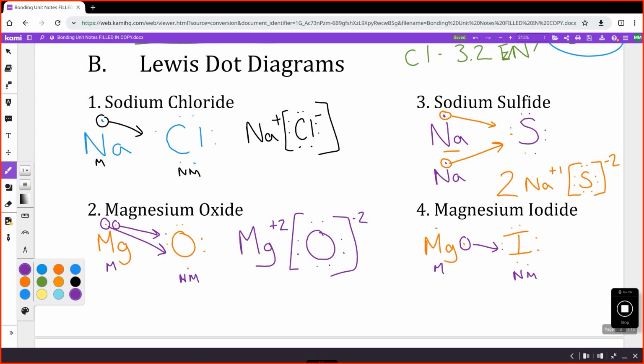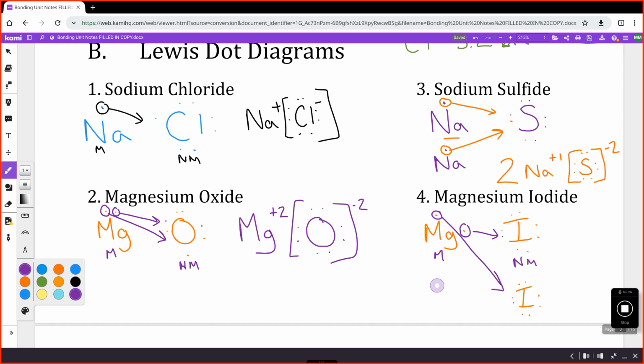The problem that still remains is the magnesium is holding on to 1 valence electron. And this will not fly. All right, we have to get rid of all of the electrons, and we have to gain all of the electrons. And so by adding a second iodine, we can move the extra electron from magnesium out, emptying the whole shell of magnesium.